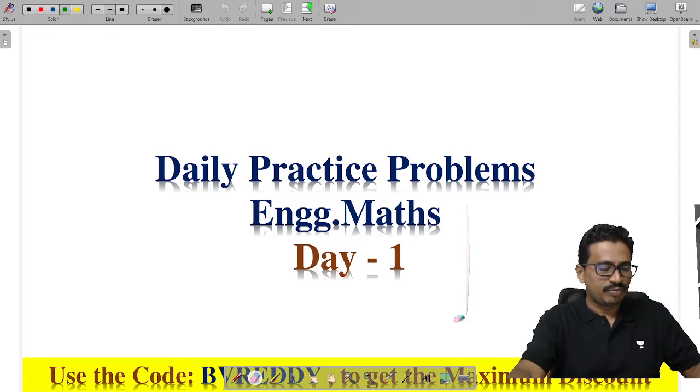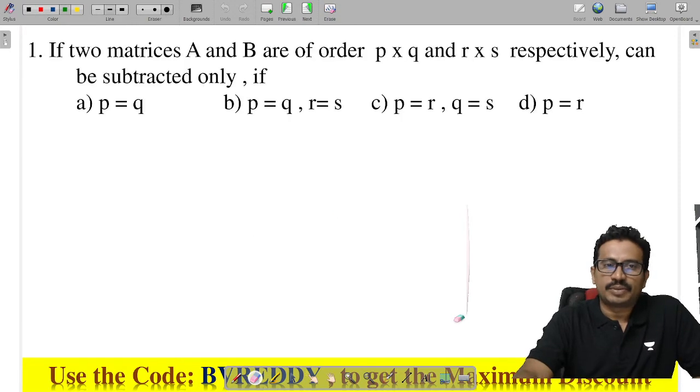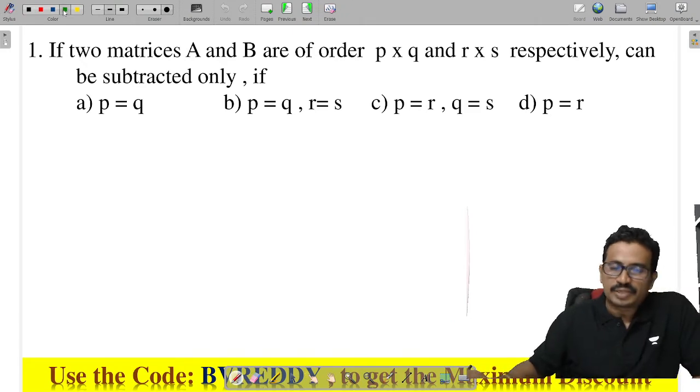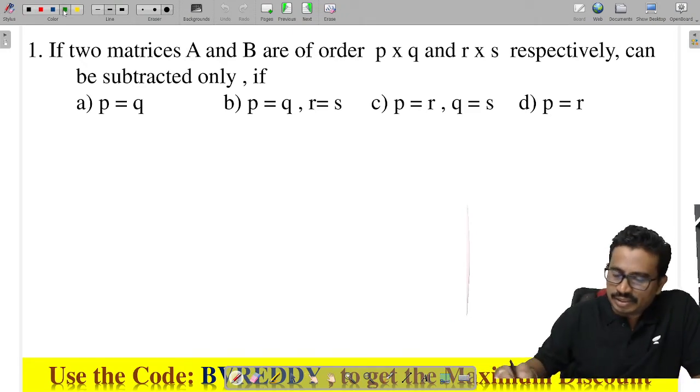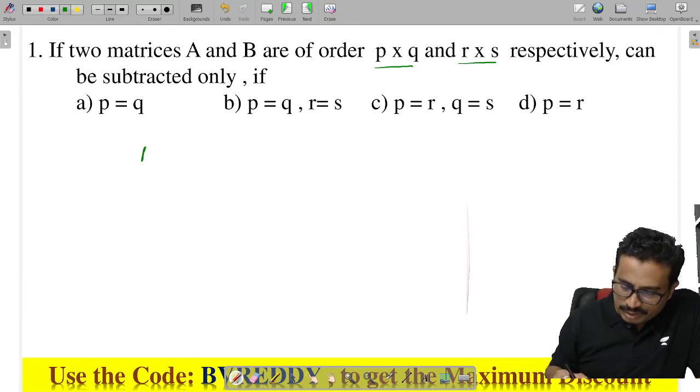I hope all of you have solved all the problems, and you can verify your solutions with the key. So let's see the first problem. Here they give two matrices A and B with their orders given.